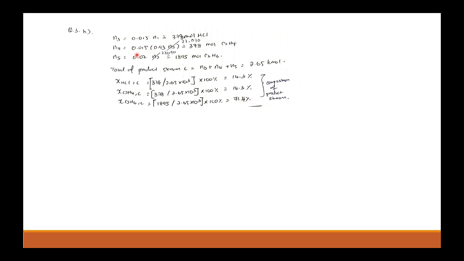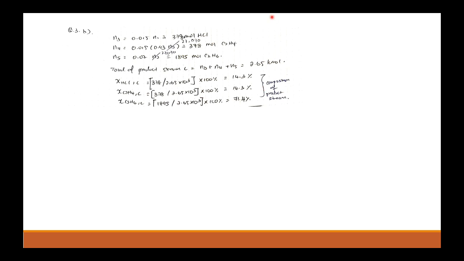So to calculate the mole fraction in stream C, we basically take the total number of moles in the product stream C, and for each species divide by its total, multiply by 100%.